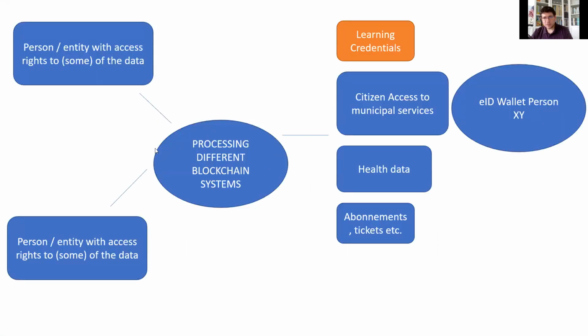This would give us the possibility, for example, to store learning credentials connected with the ID wallet of the person, access to municipal services, your health data, your tickets, and then you can actually combine all of this data with a certain identity that you choose, for example, your citizenship card, your Facebook login, whatever identity you choose, and whatever identity is capable of performing the identity test, so to say, or the level of identity you need to provide to combine it with such a token when you, for example, prove that you are a member of the school, or prove that you're the owner of a ticket.